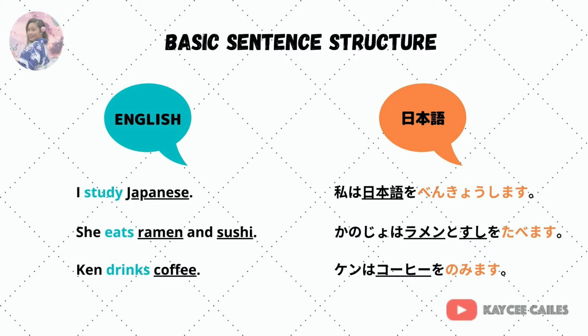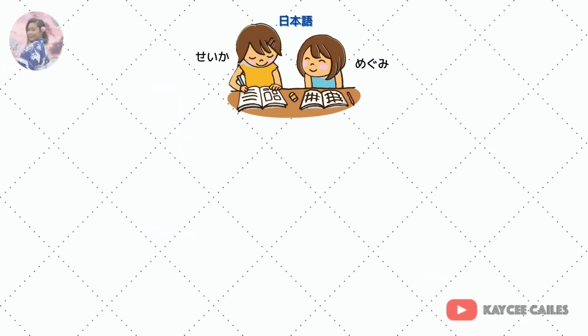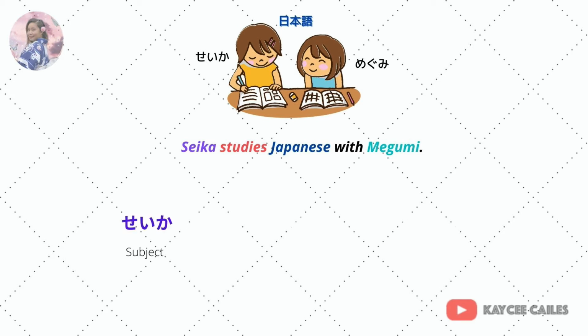Let's see the following illustrations and translate this in Japanese. In this picture, it shows that Seika studies Japanese with Megumi. And in Japanese, it is Seika as the subject, followed by the particle wa.